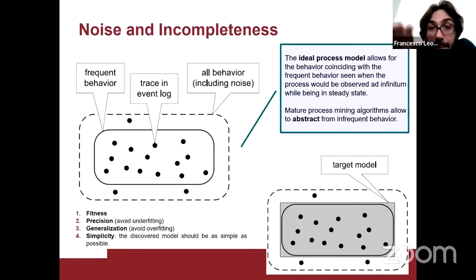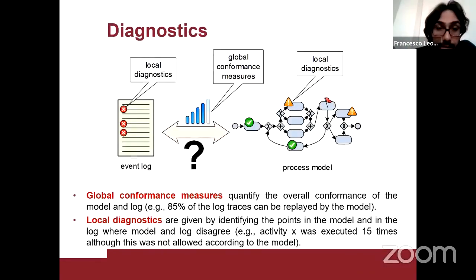Generalization is the ability of the model to also cope with traces that we were not able to see inside the event log. And the simplicity, following the Occam's razor principle, is the idea that a simpler model is better than a more complex model in order to describe a specific thing.